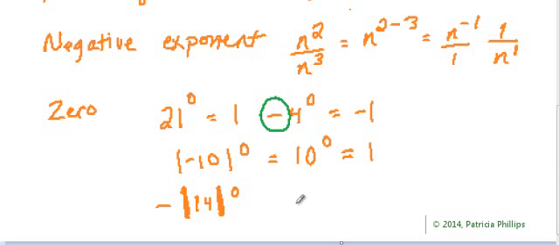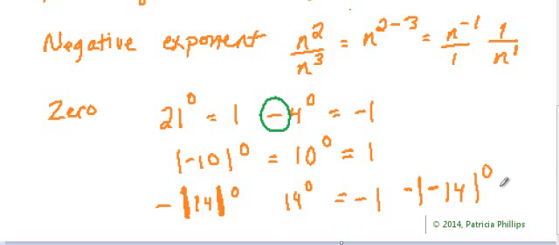Basically we're going to get the absolute value first. The absolute value of 14 is 14. 14 raised to the power of 0 equals 1. The sign over here that we still haven't dealt with gets applied after the fact. Now, if you have the negative absolute value of negative 14 to the power of 0, the absolute value of negative 14 is 14.